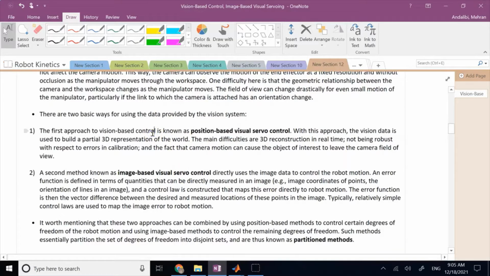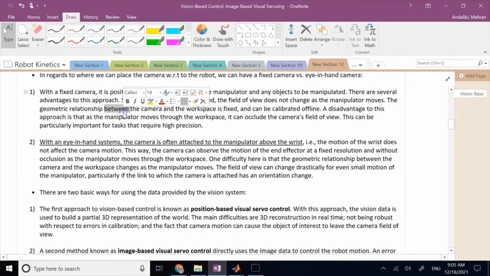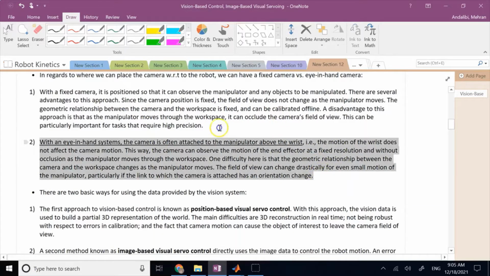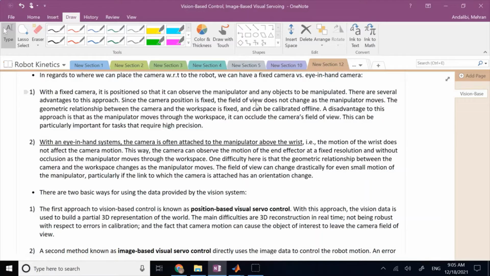If the camera is fixed to the environment, what are the advantages and disadvantages? The advantage is that the camera is fixed to the work frame, and regardless of how the robot moves, the field of view of the camera, the area that it can see, and the relative sizes of the objects in the environment with respect to the camera frame are not going to change.